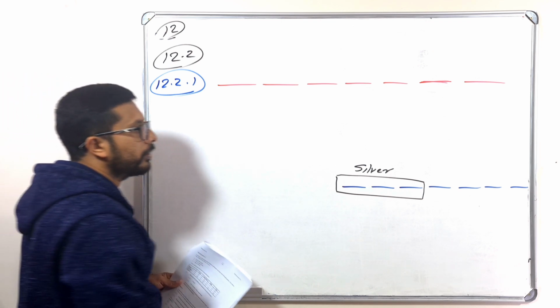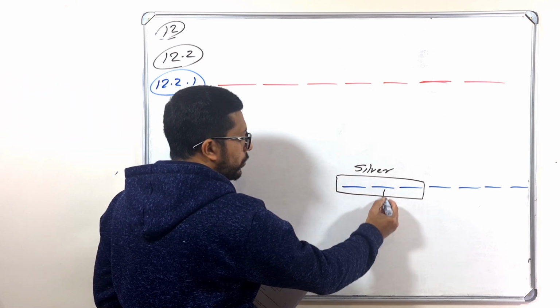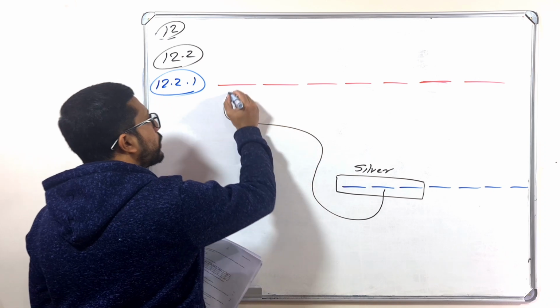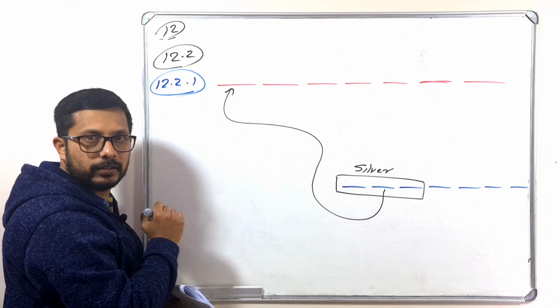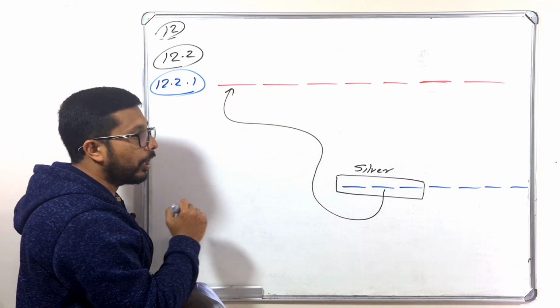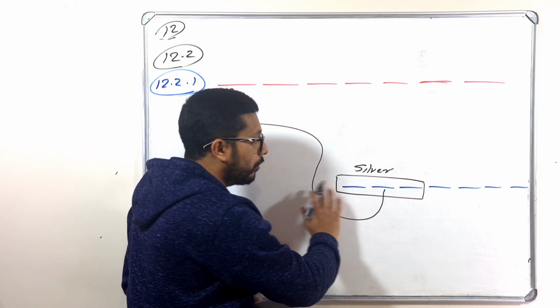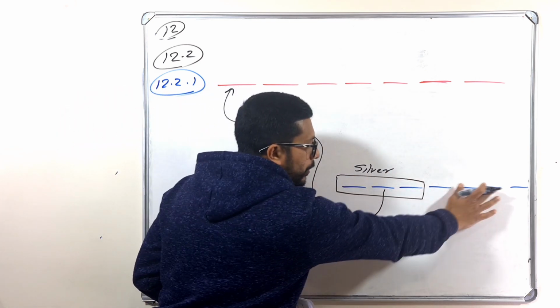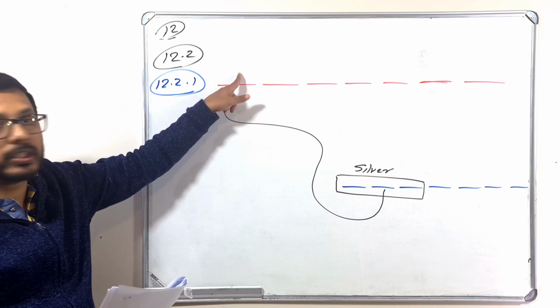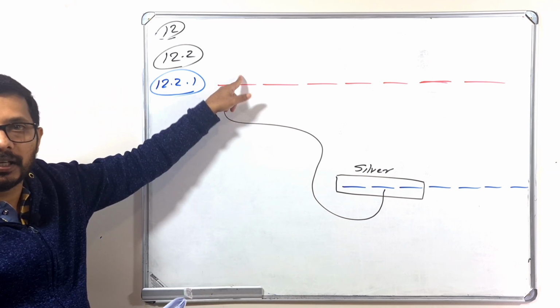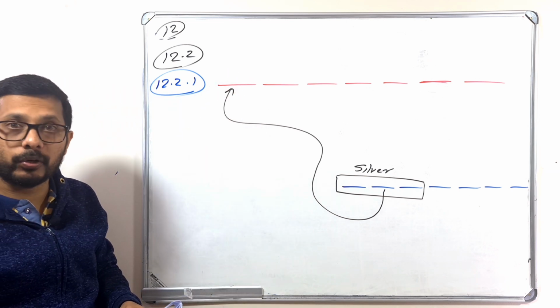Assume that this car is parked here. So how many options do I have here? Any one of these cars. How many options do I have for this position to be filled? I have 7 options.